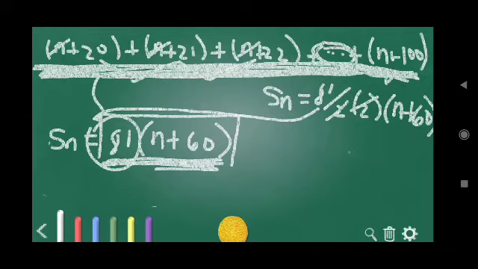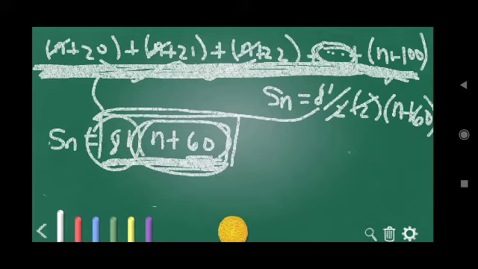Now, this is n plus 60. Notice that this has to be a perfect square, and the constant part is 60, so we need to find a perfect square number within the range of 60. It should not be less than 60, so you cannot use 59.